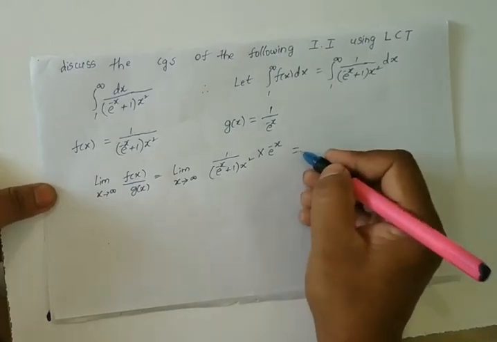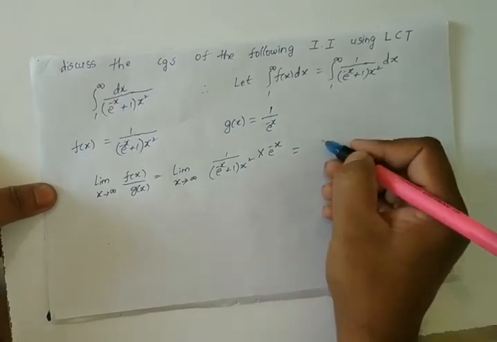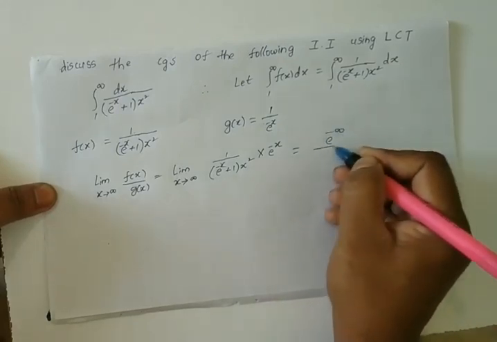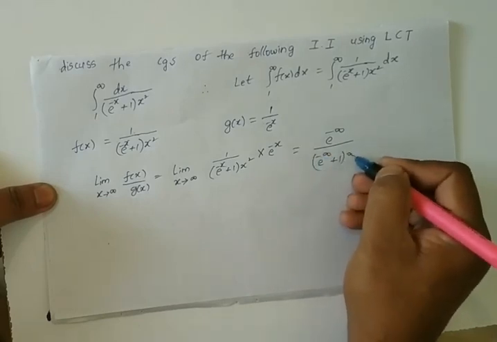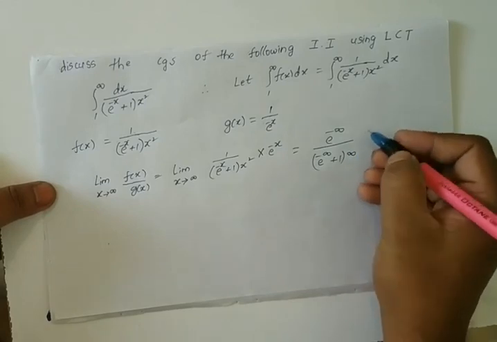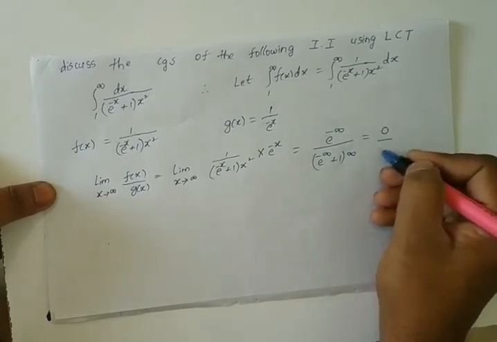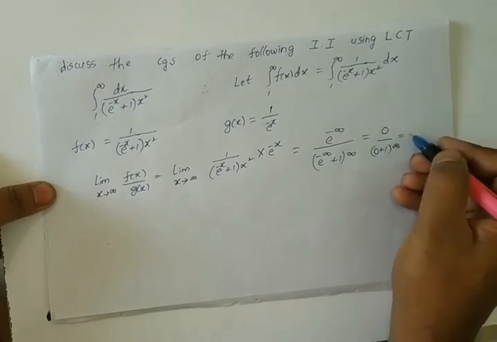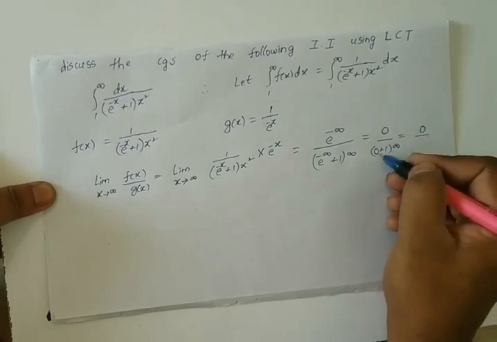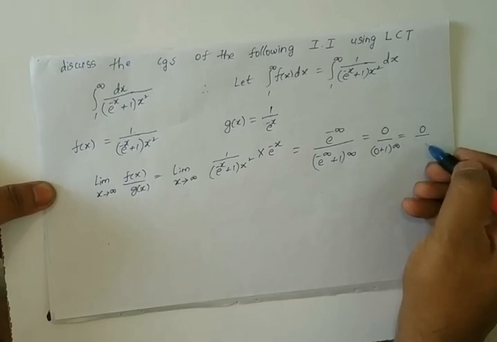Next we apply the limit. We get e power minus infinity by (e power minus infinity plus 1) into infinity square, which is infinity. E power minus infinity is always 0. So 0 by 0 plus 1 into infinity, which is 0 by 0 into infinity.